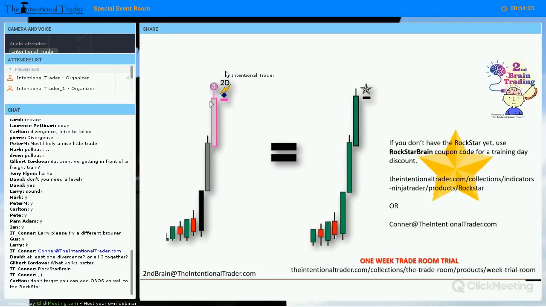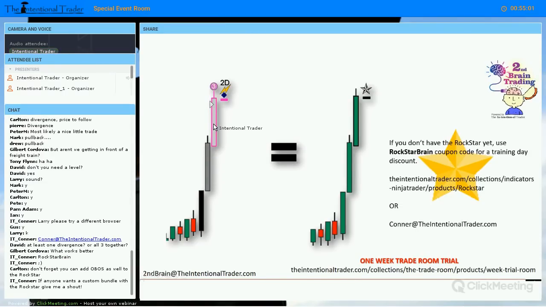You don't have to do it that way, but that's my preferred way because I get more of a heads up. If a Rockstar prints on the open of this bar, I'm ready to go. I'm not just sitting there and going, oh, there's a Rockstar, I'm going to trade it. I'll have a heads up that if a Rockstar prints on this bar, I should be ready somewhere along in here. Okay.